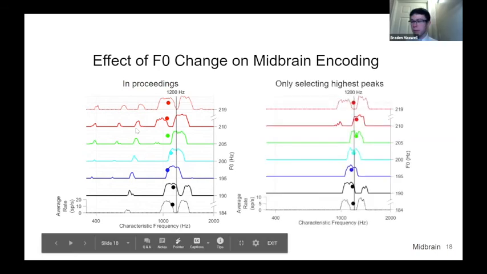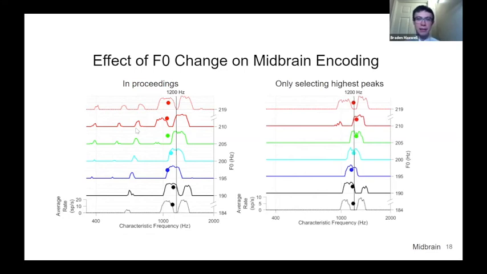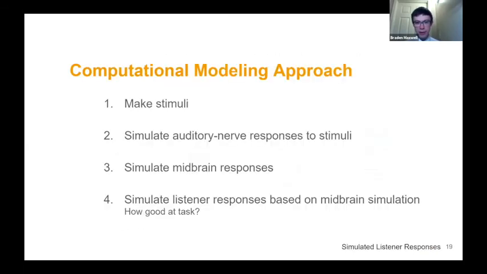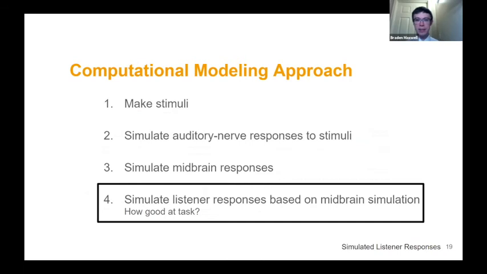We're looking at a couple different ways of potentially estimating the centroid from this information. This is kind of a work in progress, but it is clear that the fundamental frequency can impact this timbre code. Let's move on to simulating the listener responses.